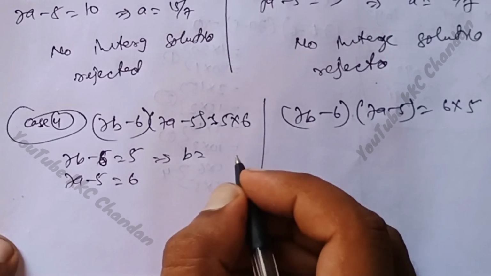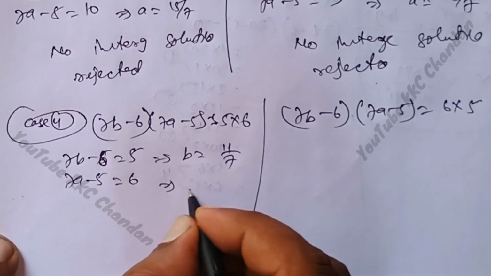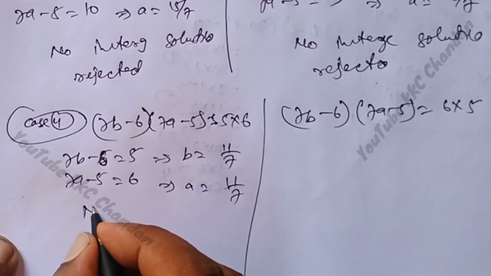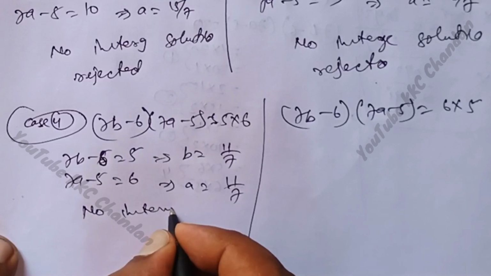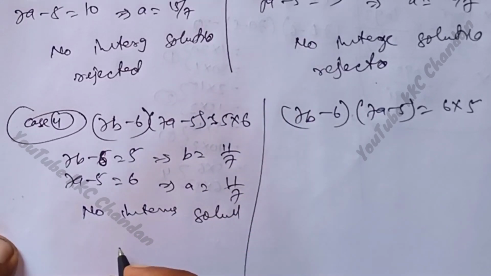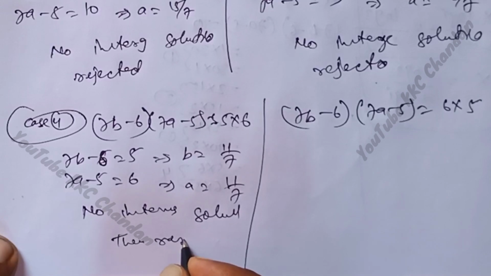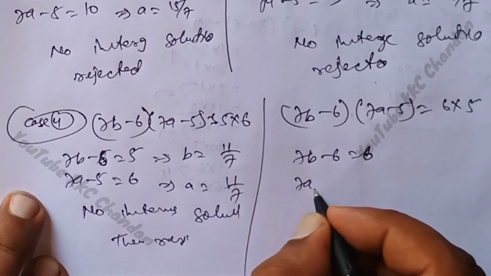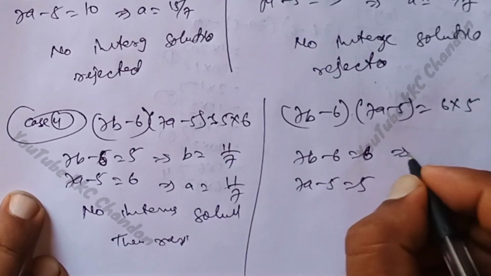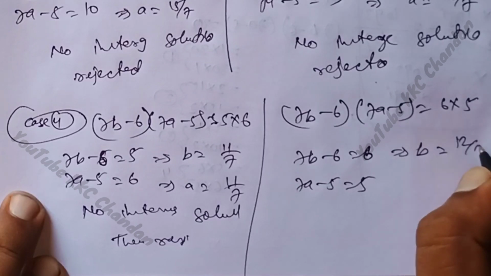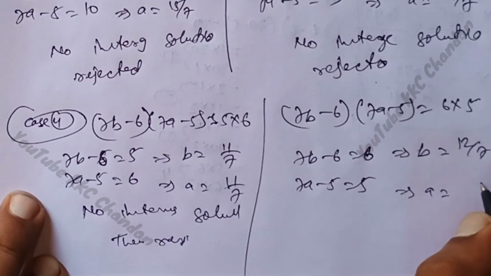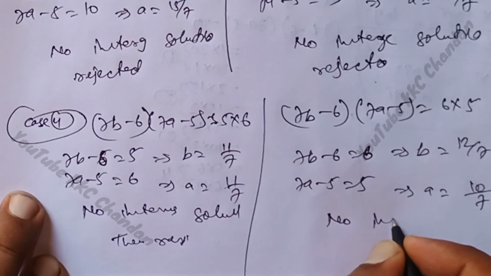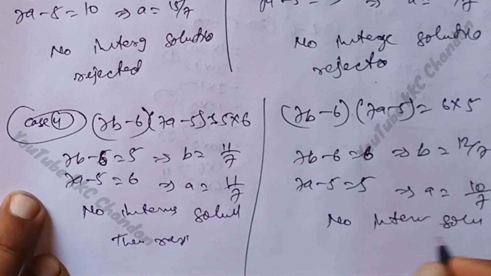Here b value is 11 divided by 7 and a value is 11 divided by 7. So no integer solution. They will be rejected. Then 7b minus 6 is equal to 6 and 7a minus 5 is equal to 5. Here b value is 12 divided by 7 and a value is 10 divided by 7. Therefore no integer solution.